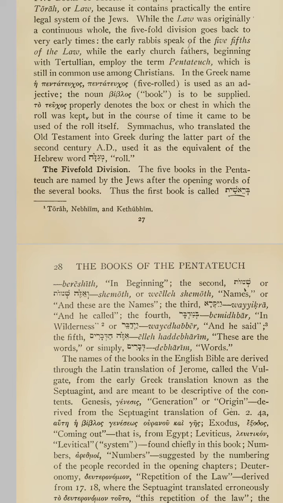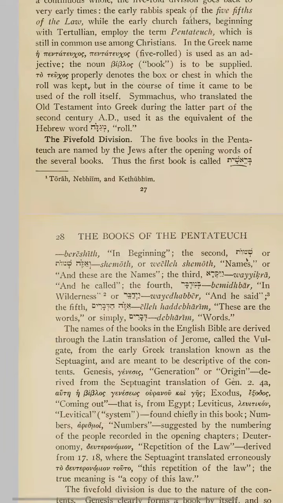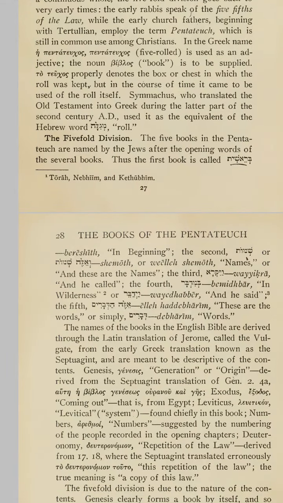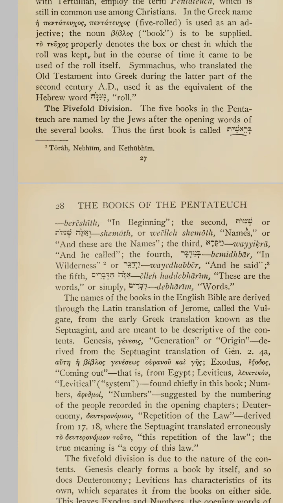The early rabbis speak of the five-fifths of the Law, while the early church fathers, beginning with Tertullian, employed the term Pentateuch, which is still in common use among Christians. In the Greek name, pentateuchos, teuchos is used as an adjective.